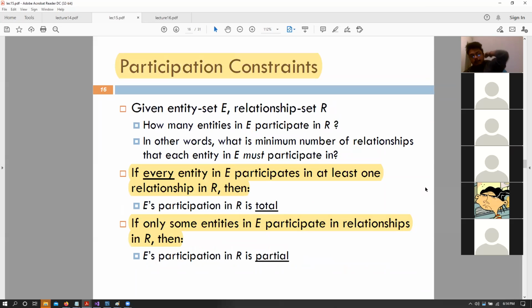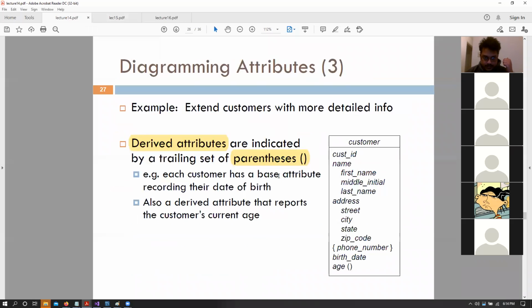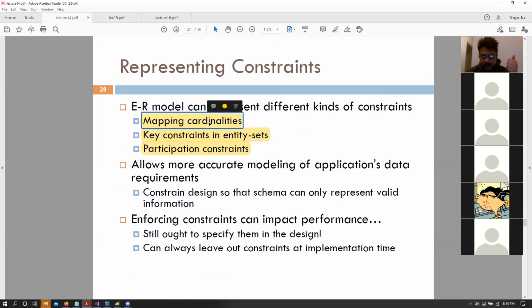Now let's talk about another thing that ER diagrams actually allow us to do. As I said, we talked about mapping cardinalities. Key constraints are also quite easy. The arrows and the lines themselves represent foreign keys and relationships, right? The other thing that we need to represent is participation constraints.